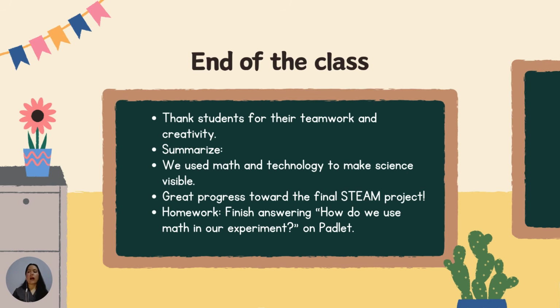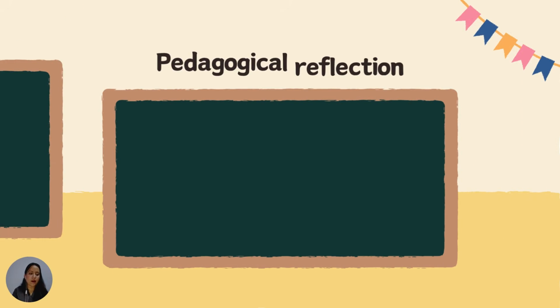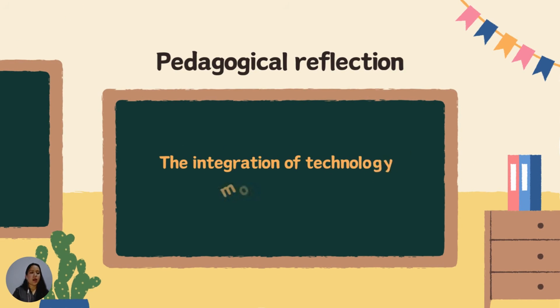So as teachers we always have to take this into account and tell them that they are doing good, they are doing their best to improve their own skills, and they are going to be okay. And for this session, our reflection is that the integration of technology motivates them.